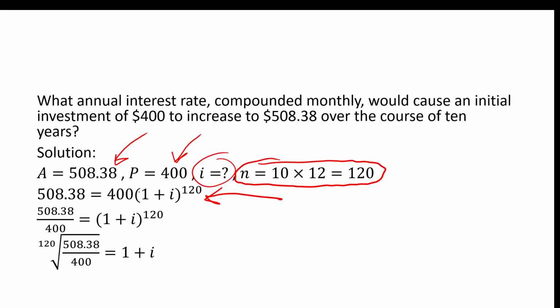And when we do that, we want to isolate I. The first thing we're going to do is divide both sides by 400, which we've shown here. Now we have 1 plus I quantity to the exponent 120 isolated.